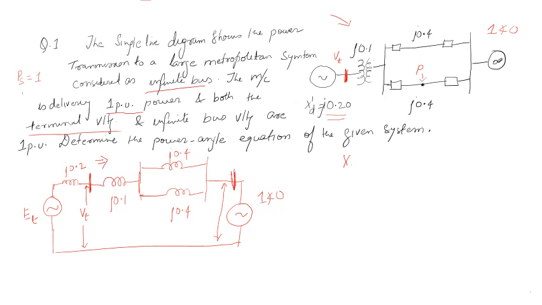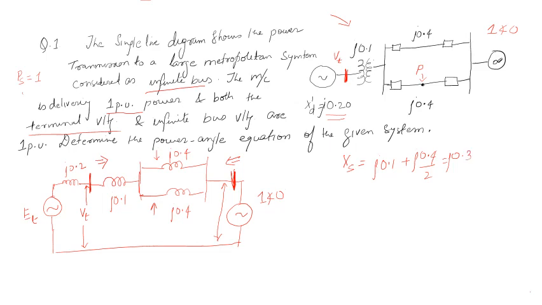These two are in parallel, so it will give you 0.2, and this is in series, so you can write it as J 0.1 plus J 0.4 upon 2, so that is your 0.3, right? So this is your Xs.